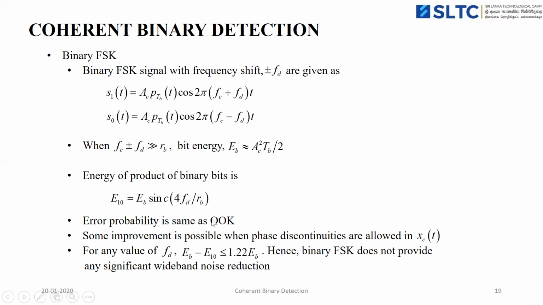In this FSK modulation, some improvement is possible when phase discontinuities are allowed in the modulated signal xc of t. And for any value of fD, the difference E1 minus E10 should satisfy the condition of being less than or equal to 1.22 EB. Hence, binary FSK does not provide any significant wideband noise reduction.